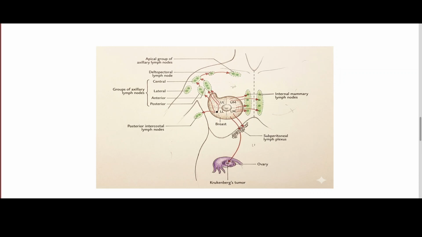To understand this, we basically divide the breast into four quadrants. You have the upper lateral, the upper medial, the lower lateral, and the lower medial. Talking about the lateral quadrant, the lymph from the lateral quadrant mainly drains into the anterior group of lymph nodes, the anterior axillary lymph nodes.